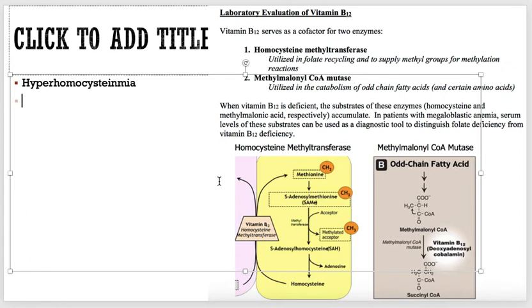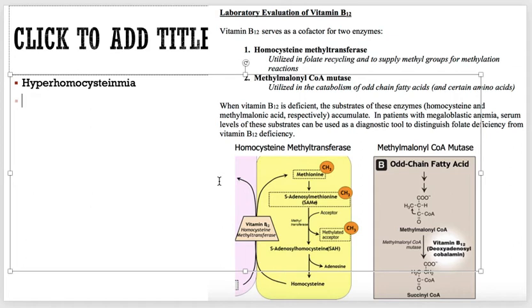Of course, a lot of biochemical reactions are going on in the body, and this cycle is very crucial for the formation of DNA, RNA, as well as the neurotransmitters and the myelin sheath.